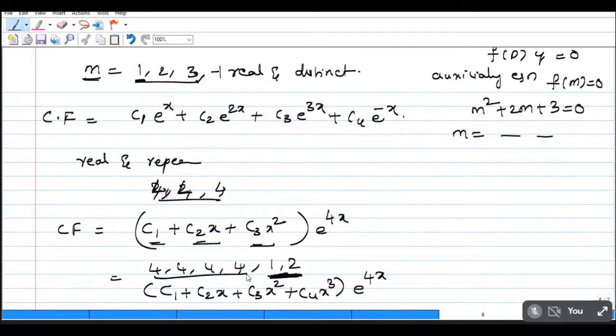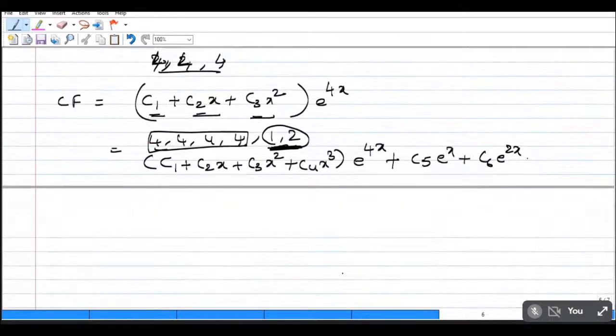We have written up to C4 for 4, 4, 4, 4, so I'll start with C5 e power x plus C6 e power 2x. Okay, this is about real and repeated roots.